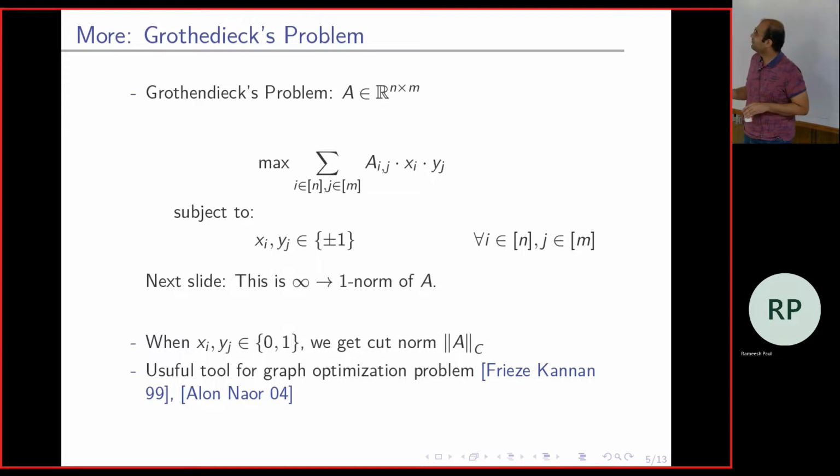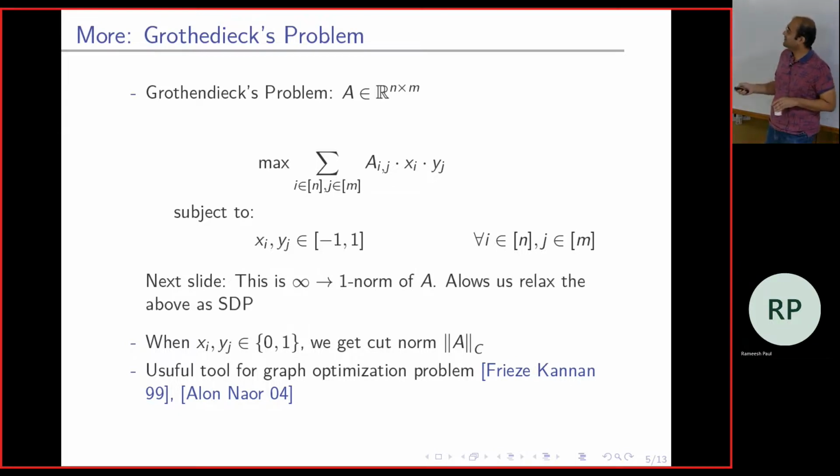In fact, if you look at this expression, this is bilinear. So xi squared never appears in any of the terms. So you can relax this minus 1 to 1 to the continuous interval, because you can always go to one of the extremes for each xi. So fix everything but xi and take the derivative.